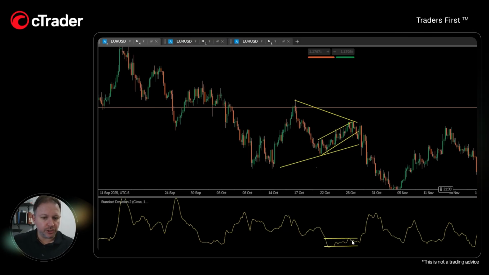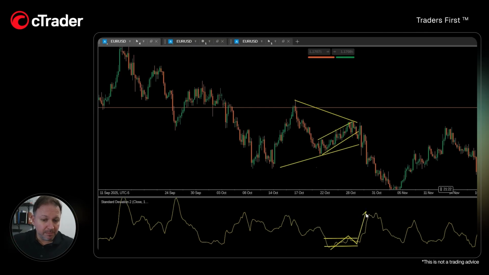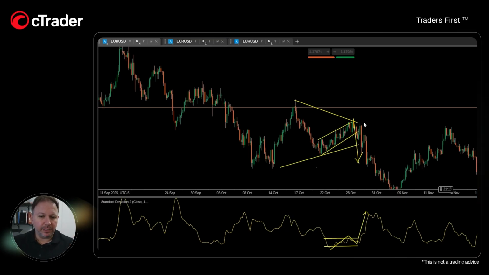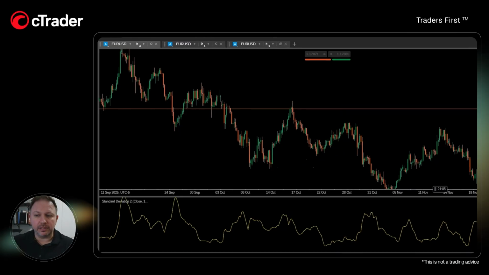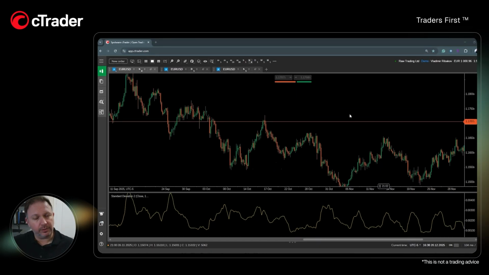The standard deviation is low, but then increases, making the higher lows and higher highs, making a massive rally with a very steep angle, completes the breakout, and that means the sellers are taking over again, pushing it with the trend, and that gives a great indication of a strong increasing momentum and volatility.